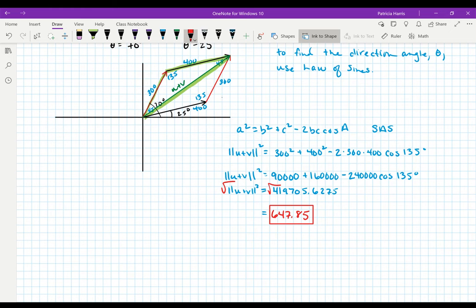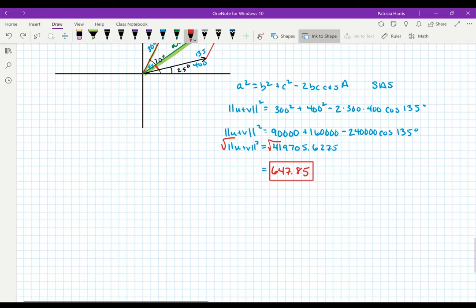Okay? All right, so now I have to use law of sines to find my angle right here. And then I have to add something to it, because remember, a direction angle is measured from the positive horizontal axis.